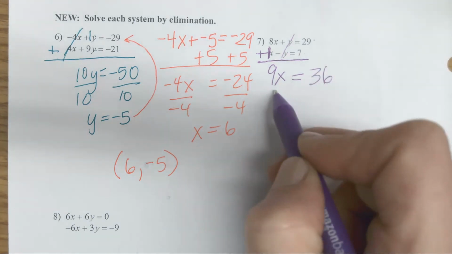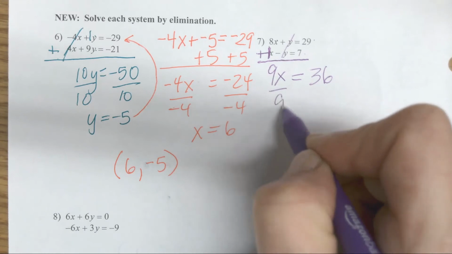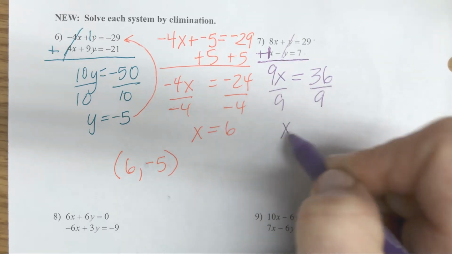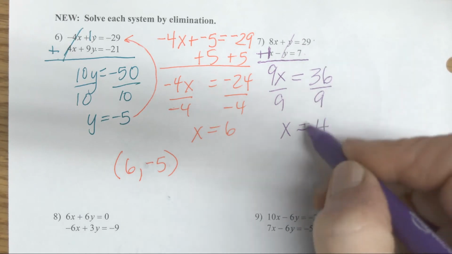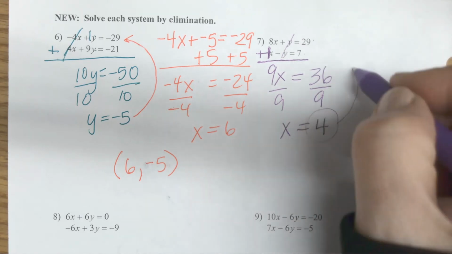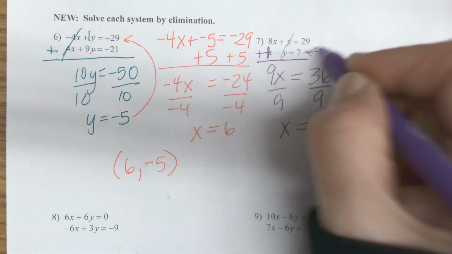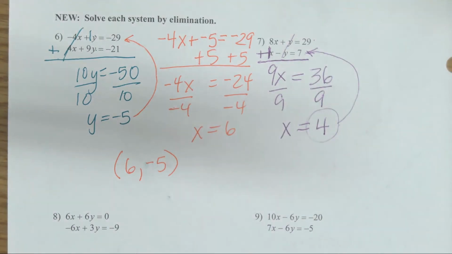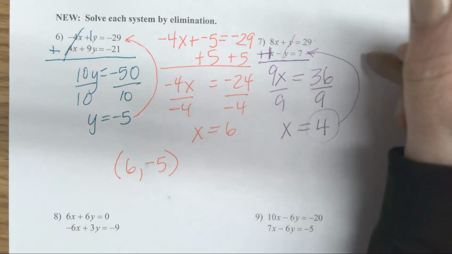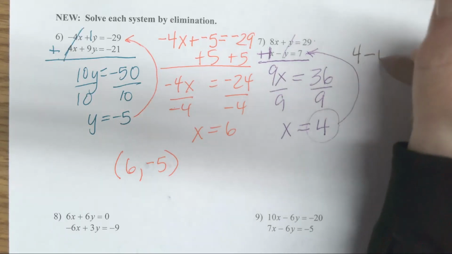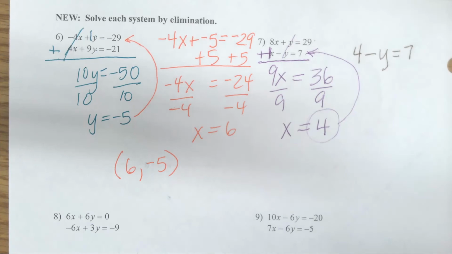How do I get x alone? Then my x has to go back up into one of the equations. Again, it doesn't matter which one. I'm going to put it in the second one this time. That's 4 minus y equals 7. Now I have to solve.